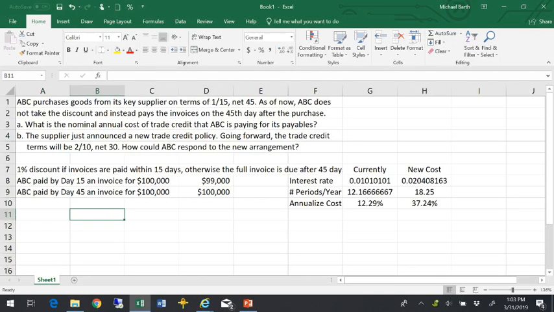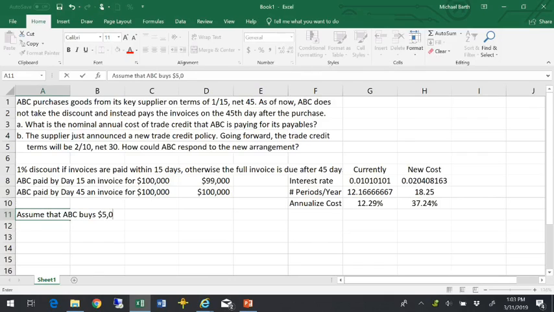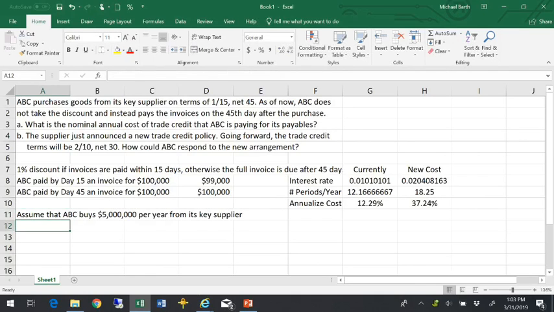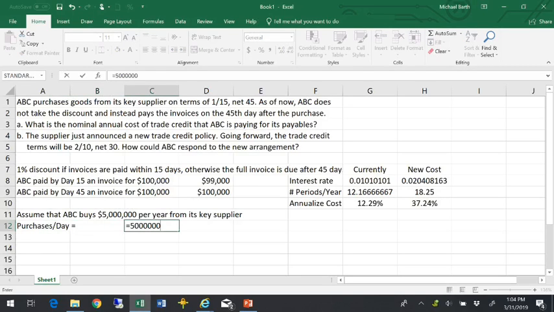What they need to do is pay down the invoices. Right now they have 45 days of invoices outstanding, and let's assume that ABC buys, call it $5 million per year from its key supplier. That's purchases per day equal to 5 million divided by 365.